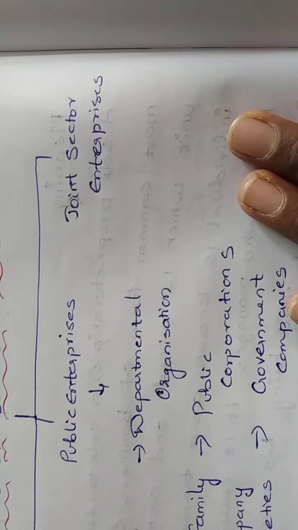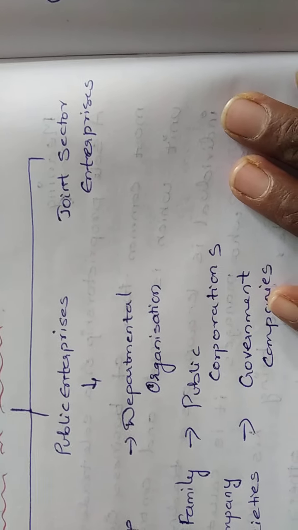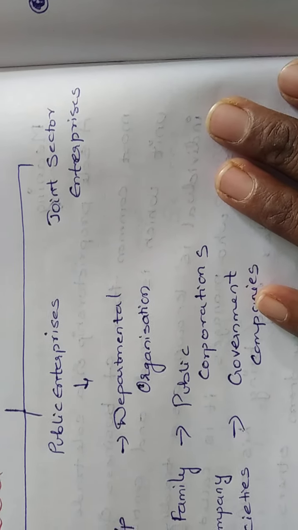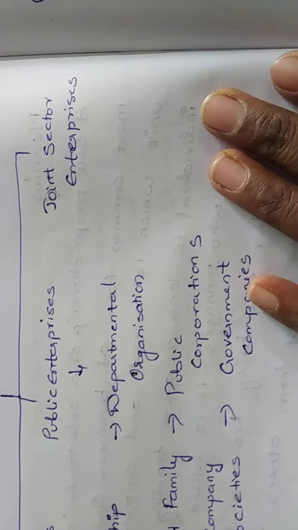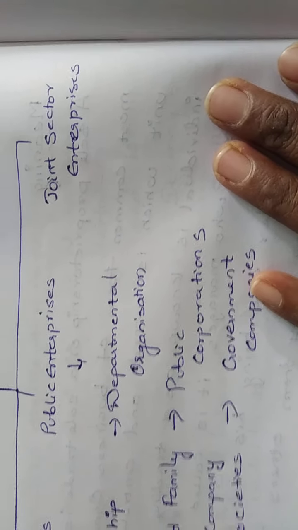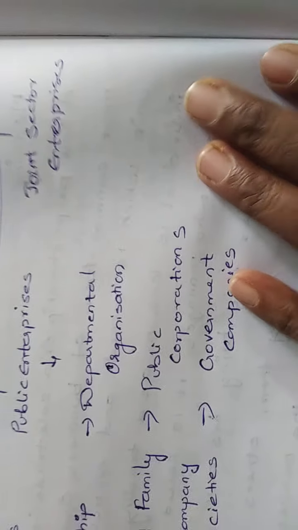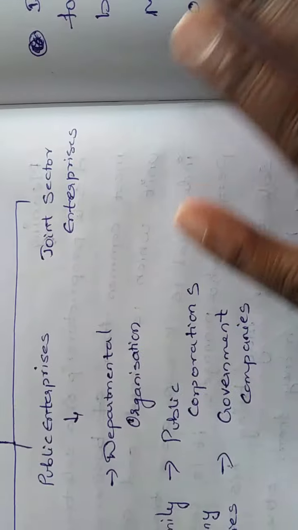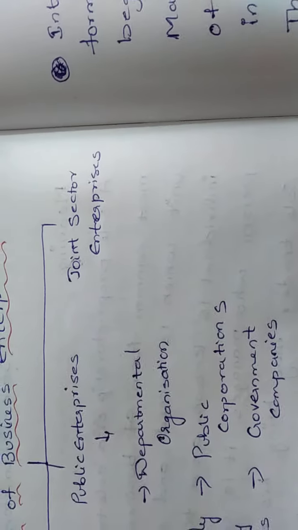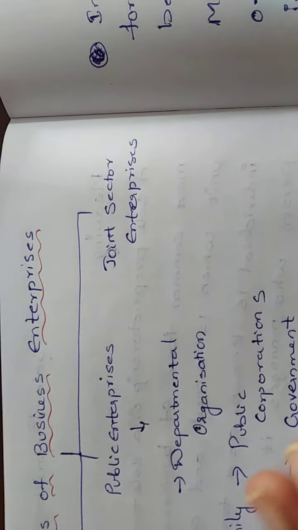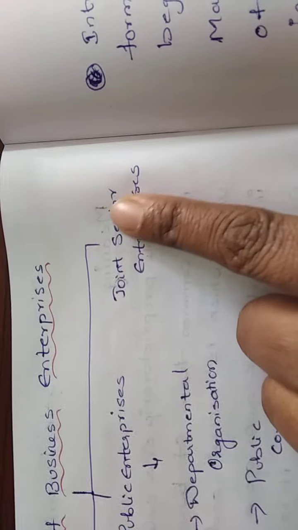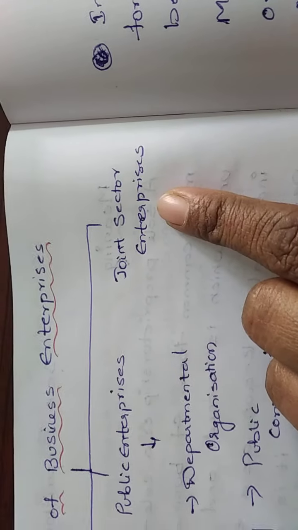The capital is shared: the state government will be 26%, private enterprises 25%, and the investing public 49%. So government will be there, private will be there, and even the public can invest in those companies. That type of company comes under joint sector companies.